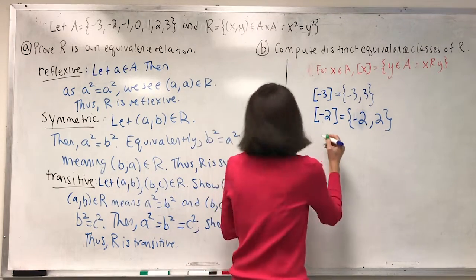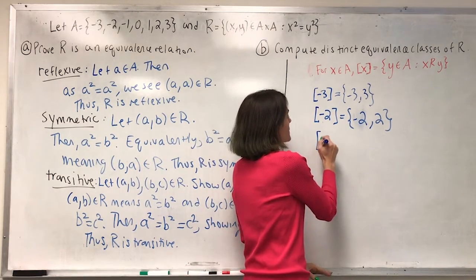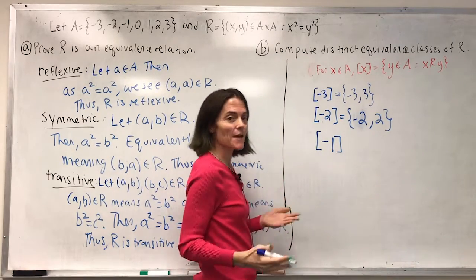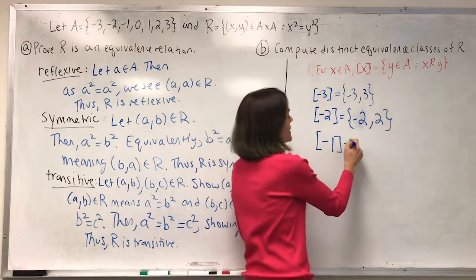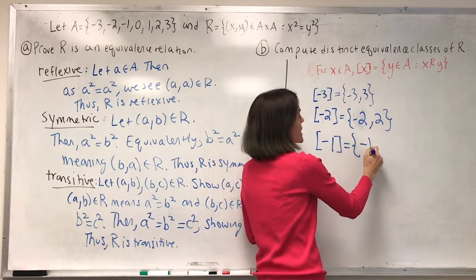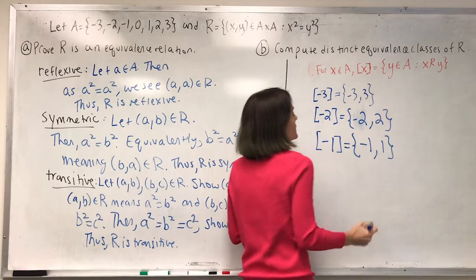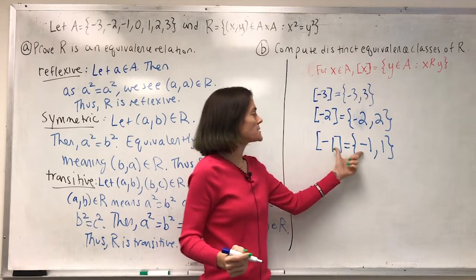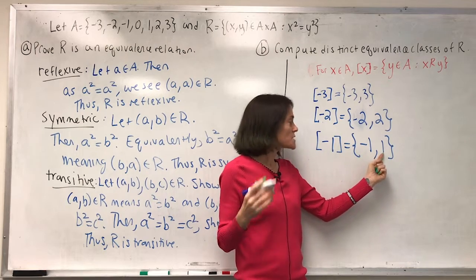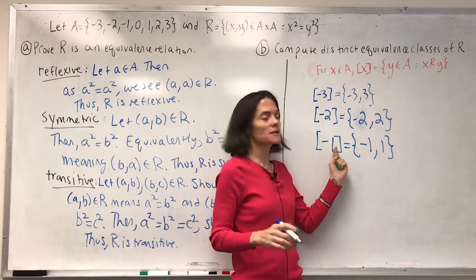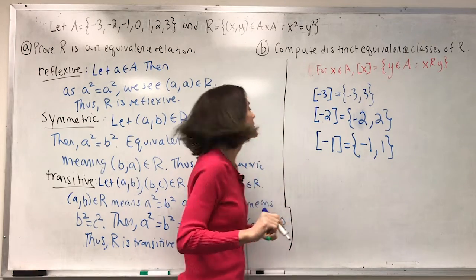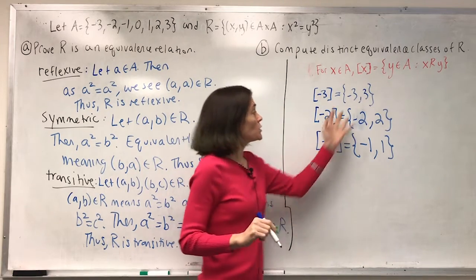Pick something else. Well, I could pick minus 1. I'm sort of reading elements left to right in A, which is a fine way to go about it. Minus 1 does not appear yet. Its class consists of minus 1 and 1. Minus 1 always because we have an equivalence relation, but 1 for this particular one because 1 and minus 1 are related. They both have squares equal to 1. Now, you look at all of these.